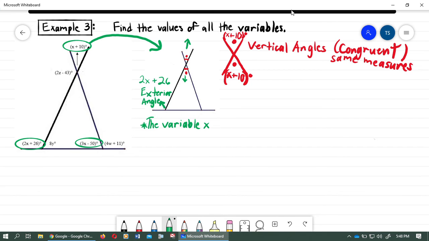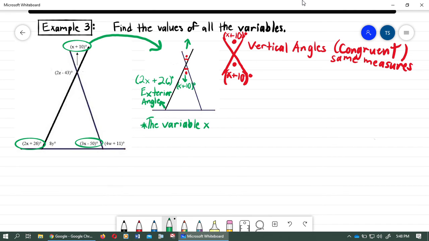This interior angle is the same as that other angle that was technically outside of the triangle, but is not an exterior angle. So this interior angle at the top is x plus 10. I apologize if this looks sloppy or jumbled up, but I'm just trying to show you and explain what we're doing.